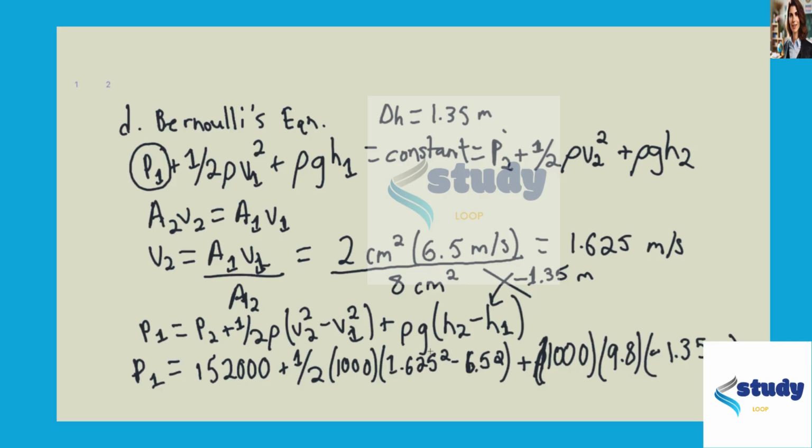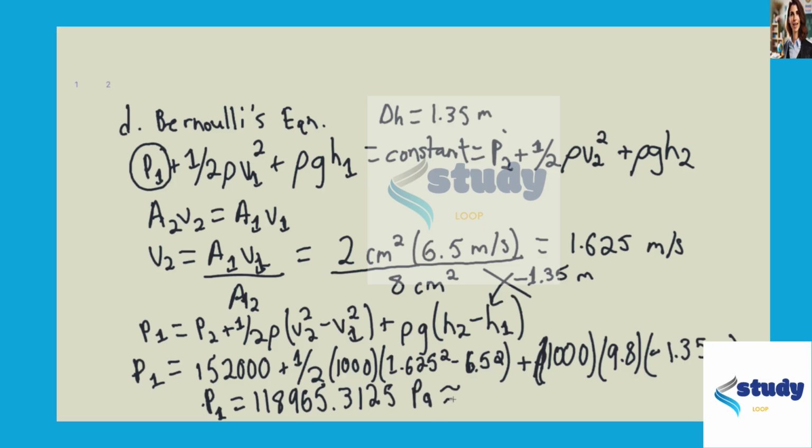So once we have this, we can simply substitute in. And again, you see that this term right here is going to be negative. This term right here is going to be negative. So the pressure in the first section should be less than the pressure in the second section. And solving this out, we find that the pressure in the first section is going to be 118,965.3125 pascals.